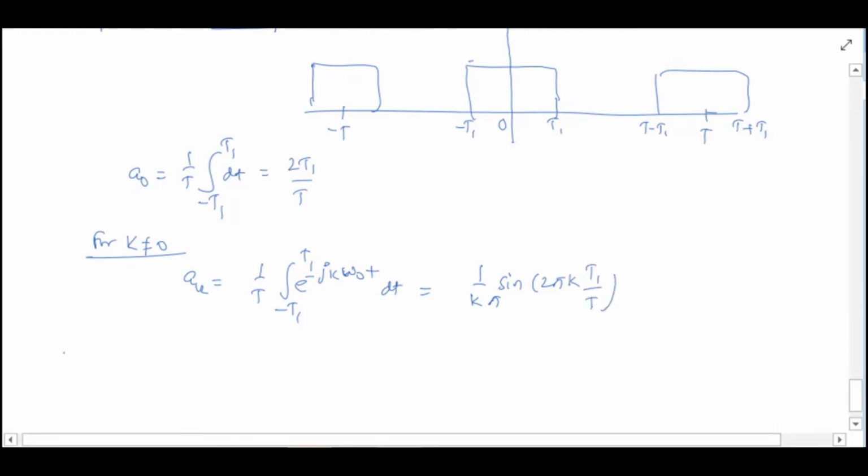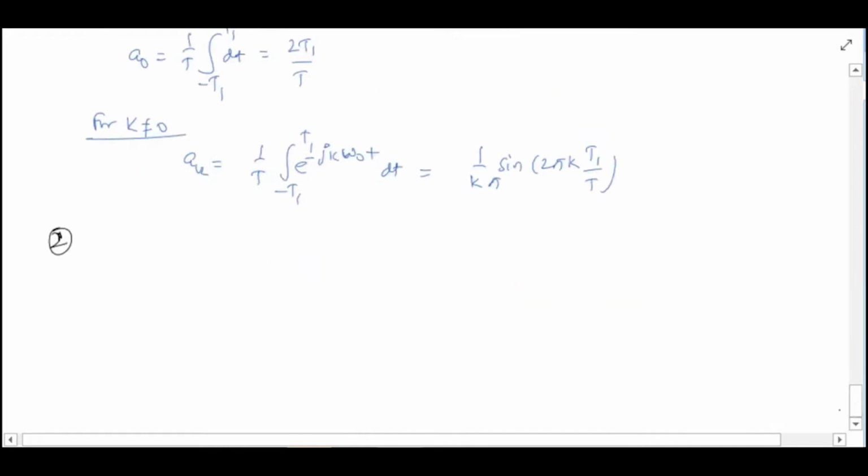Let's see another example, and this time we look at a triangular wave. So a wave consisting of triangular pulses. It's called a periodic triangle wave.